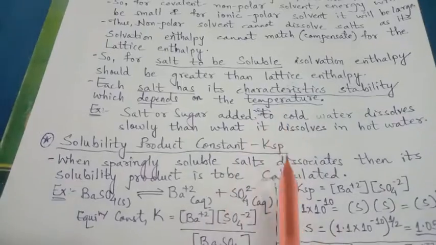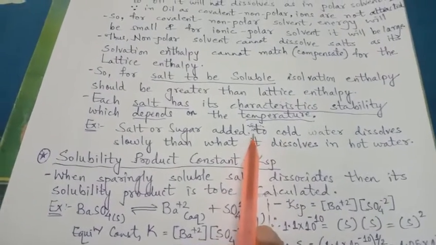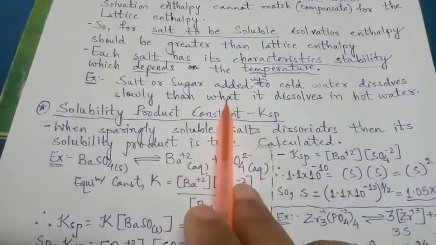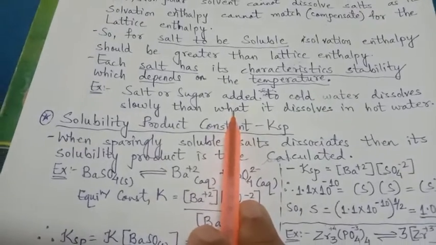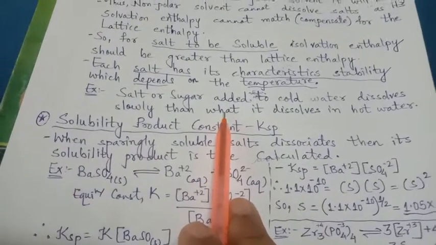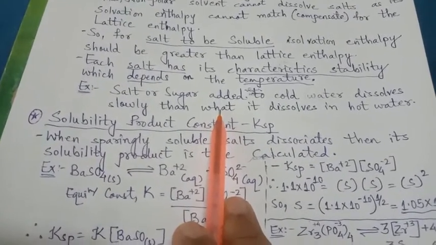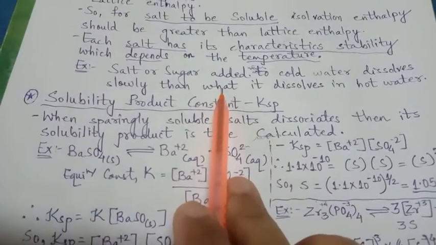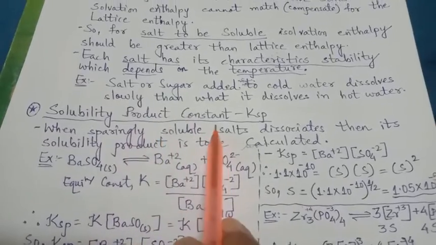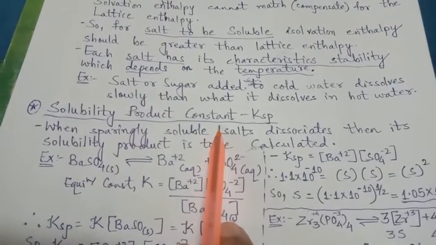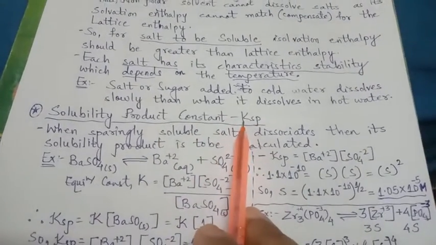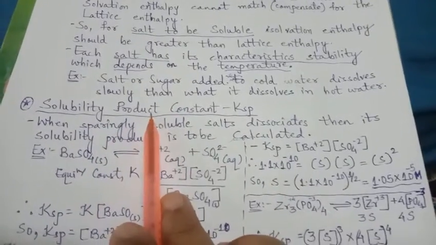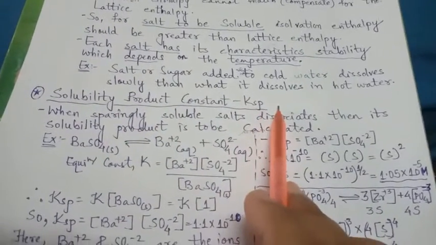Now this is all about solubility, but when a chemical reaction takes place, this solubility is calculated in terms of the ions separating into the solvent, which is termed the solubility product constant. We know that a constant is given the symbol K, and the solubility product constant is Ksp.